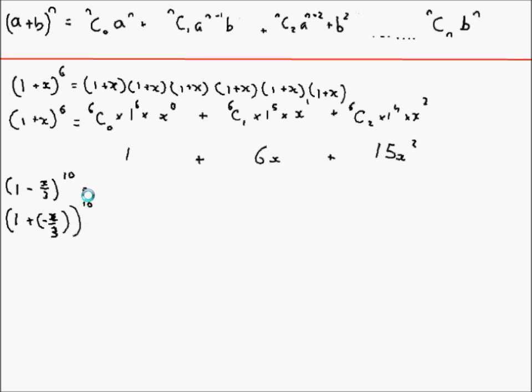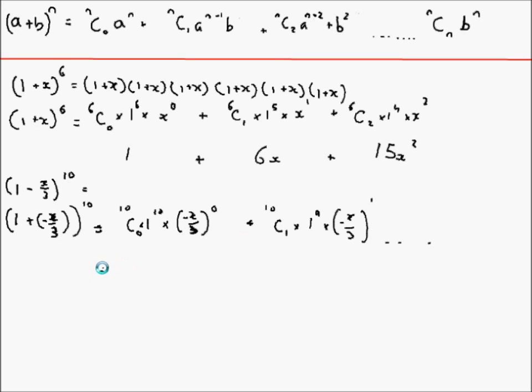The opening up and bracketing of this is just to clear it up and make sure you don't get the negatives mixed up with the positives, which will ruin your answers on certain powers. Now, this comes to 10c0 times 1 to the power of 10 times minus x over 3 to the power of 0, plus 10c1 times 1 to the power of 9 times minus x over 3 to the power of 1.